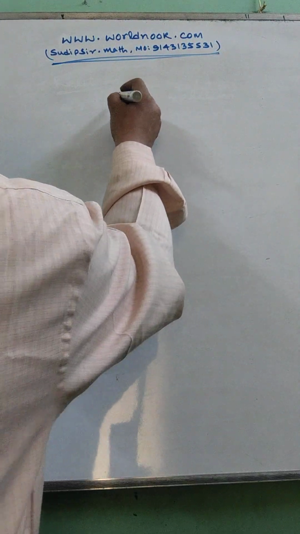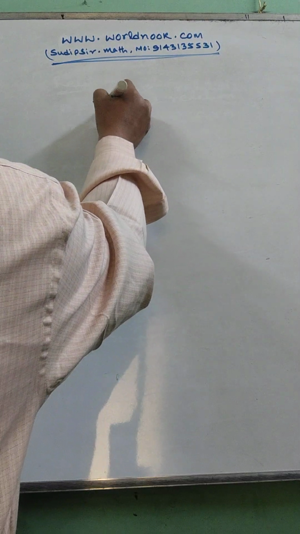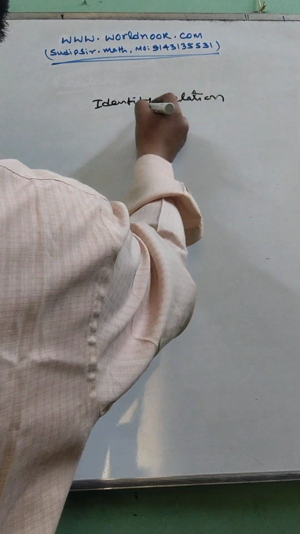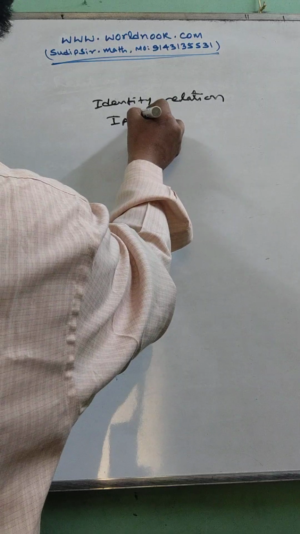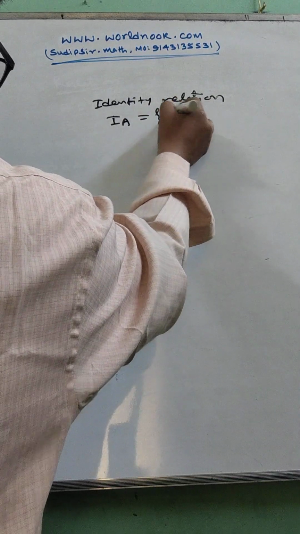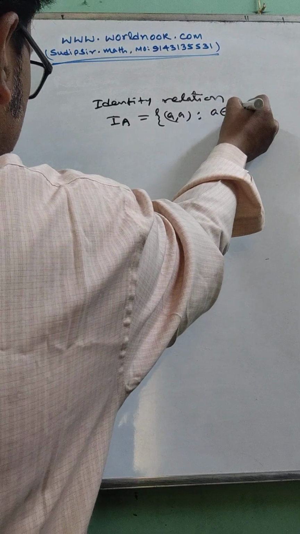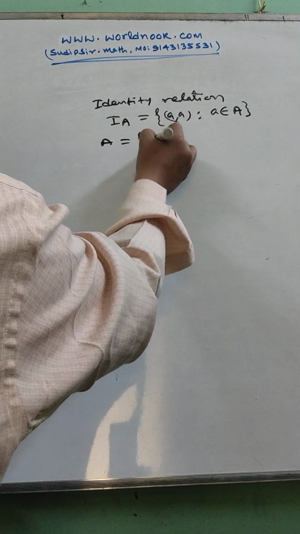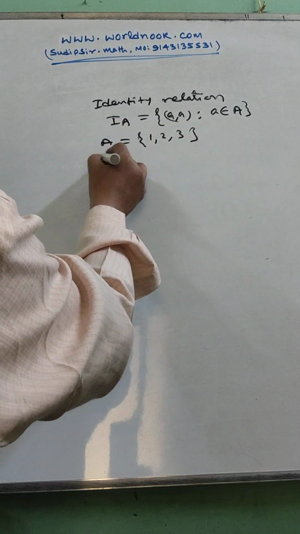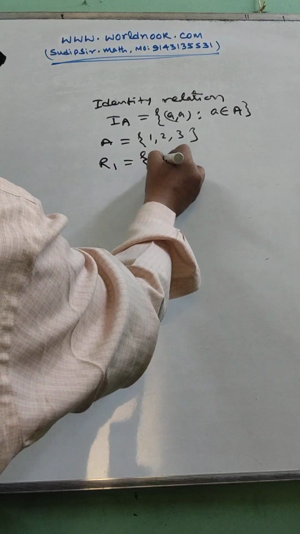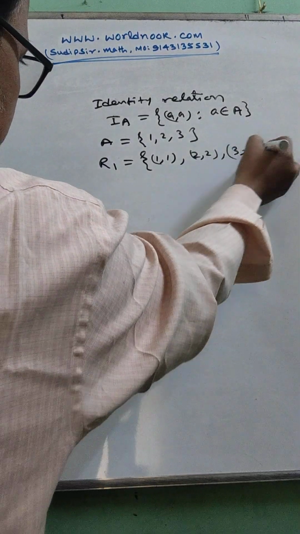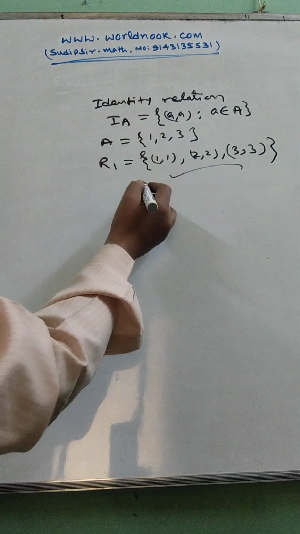Now another relation is the identity relation. For identity relation, I_A is the set of (a, a) such that a belongs to A. For example, if A has 1, 2, 3, then R1 equal to (1, 1), (2, 2) and (3, 3), then R1 is an identity relation.